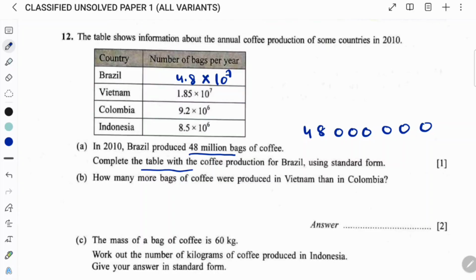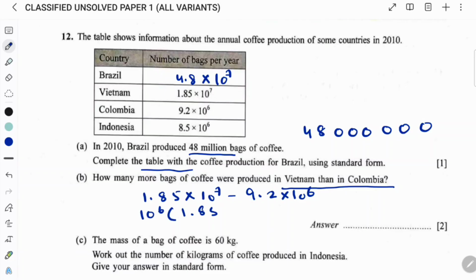How many more bags? Obviously a subtraction question. Vietnam and Colombia: 1.85 into 10 to the power 7 minus 9.2 into 10 to the power 6. Take 10 to the power 6 common: 18.5 minus 9.2 into 10 to the power of 6.